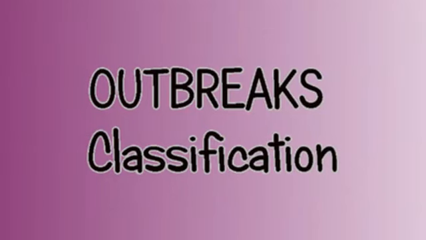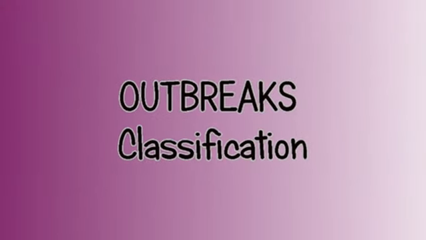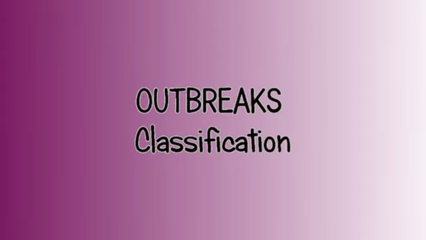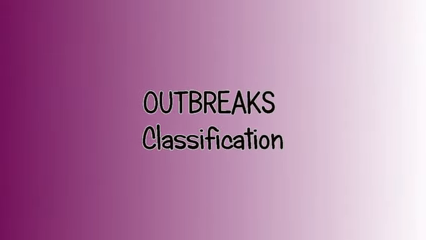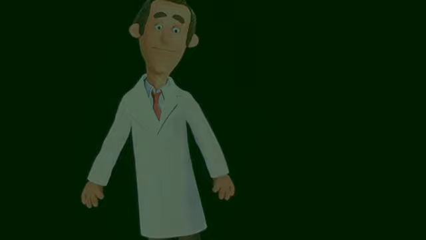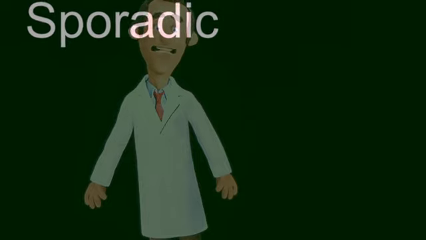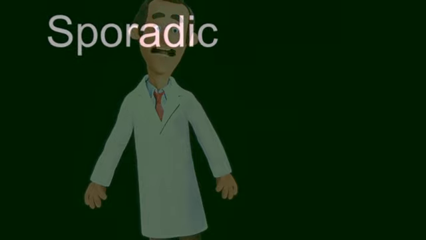We need to know about the classification because it is important for us to understand the severity of the outbreak as well as the population size affected. We have sporadic outbreaks. They occur occasionally with no set pattern. They occur at random, are infrequent and irregular.